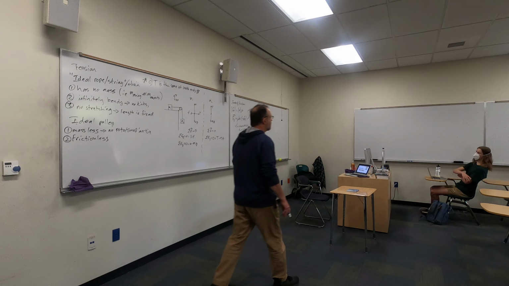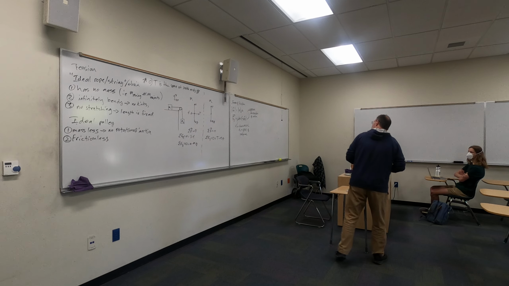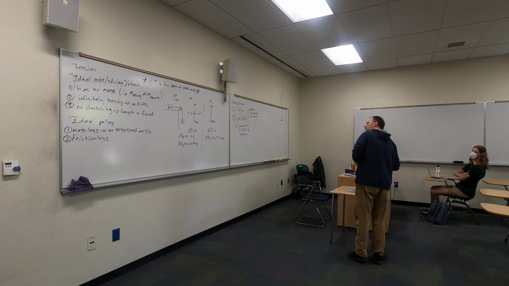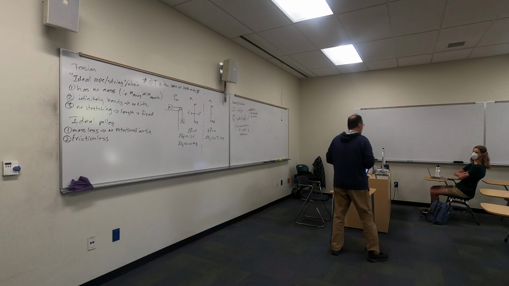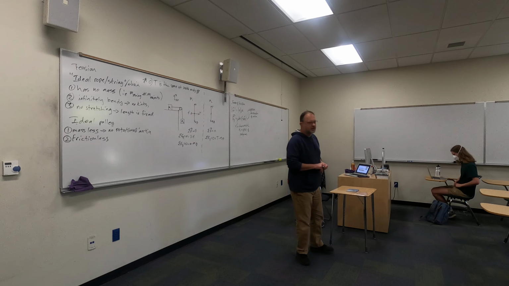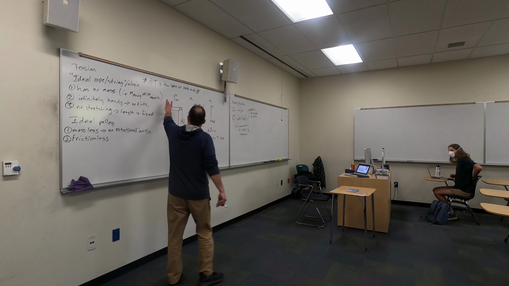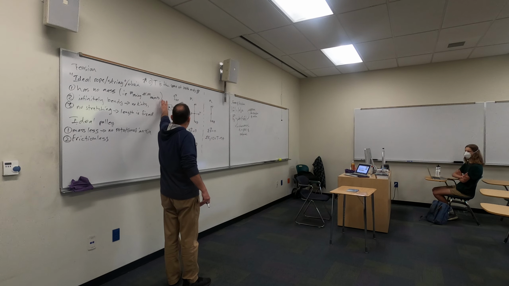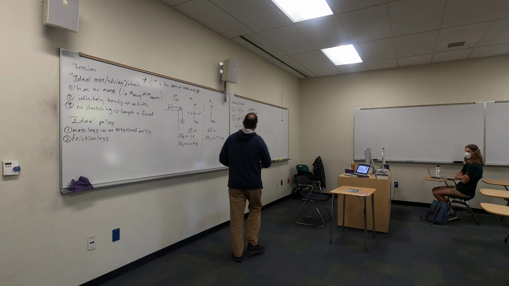Yes? So you used M1 and M2 as the mass, but then you also use them as like the name of the object. So is that a typical convention? That's typical convention, yes. So I'm identifying this as M as mass 1, object 1. Actually, that would be a good thing for me to do.